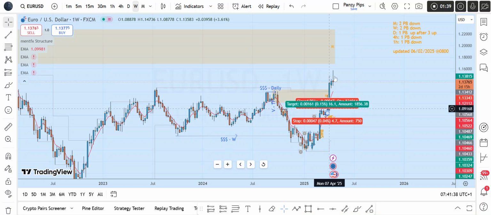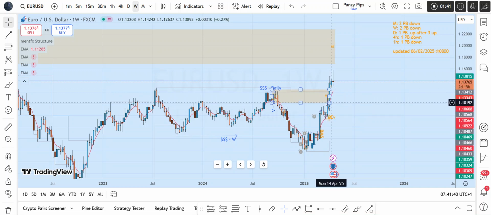Rather, price crashed through it, giving us reasons to look bullish now, as it appears to be aiming towards the monthly zone. Okay, so we'll just note that here for the weekly we have a change in perspective.